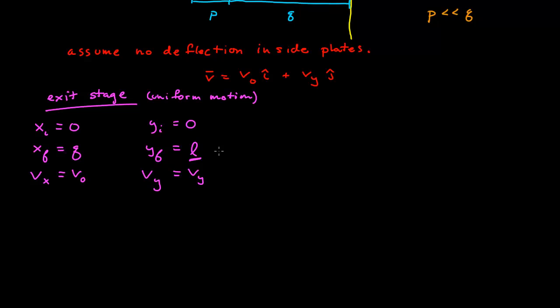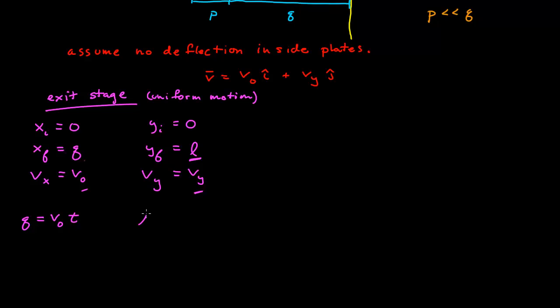My unknown is L, and what I want to find it with are my knowns, which are Q, V naught, and V sub y. Well, I know that with uniform motion, the distance in the x dimension is equal to the velocity in the x dimension times time. Initial x position is 0.